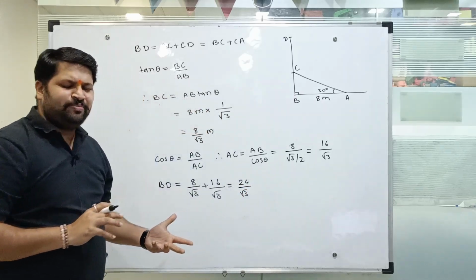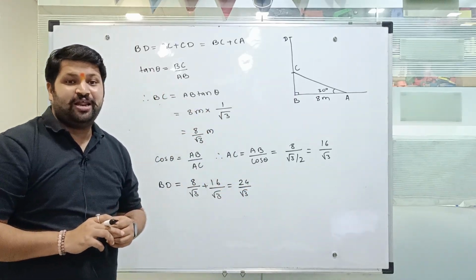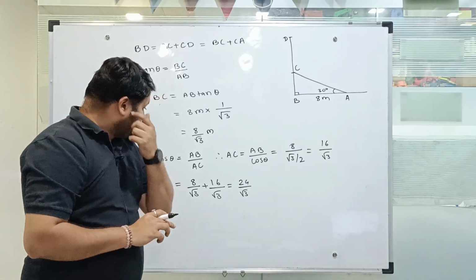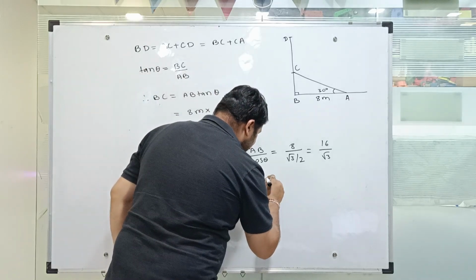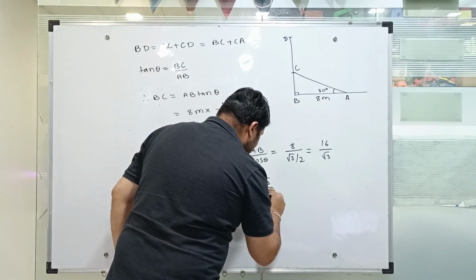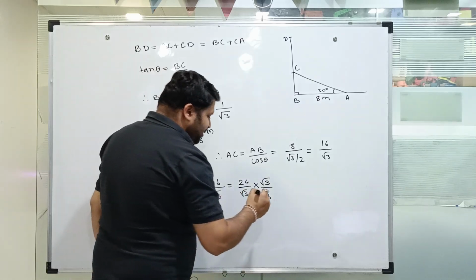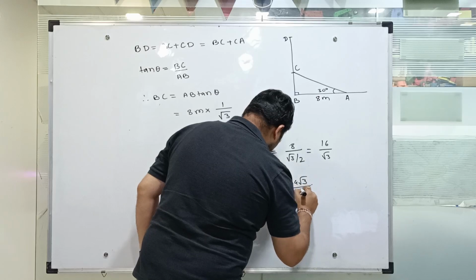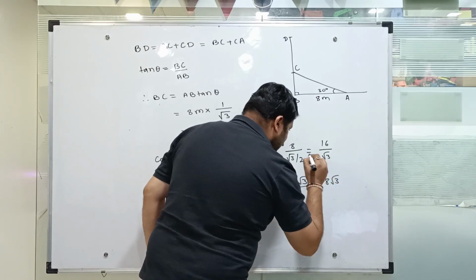Now as a thumb rule, we know that the denominator can never be an irrational number. So we will have to multiply it by root 3. So we'll multiply the numerator and the denominator by root 3, giving us the final answer as 24 root 3 upon 3, which is equal to 8 root 3.